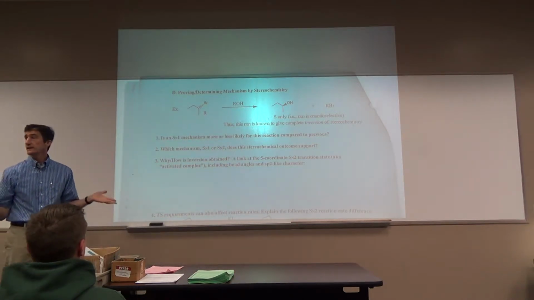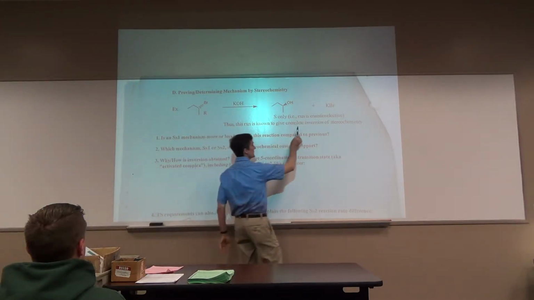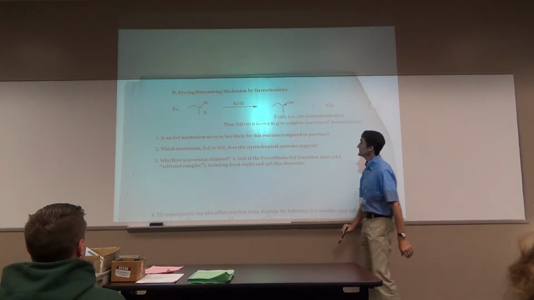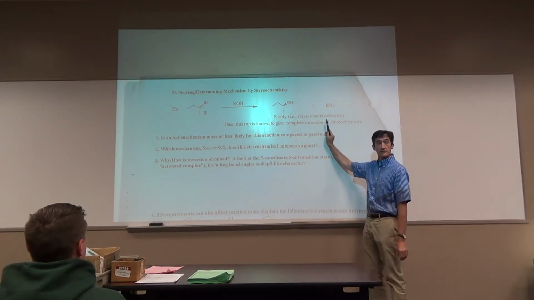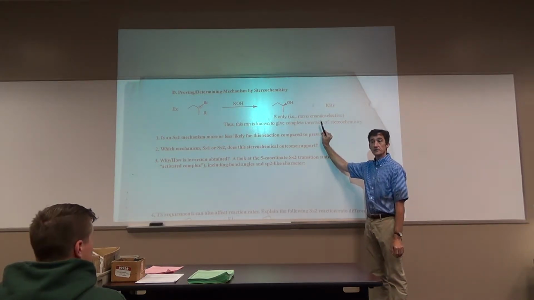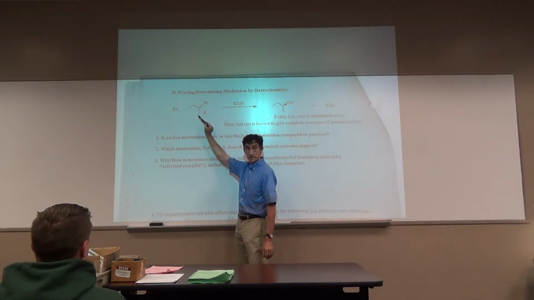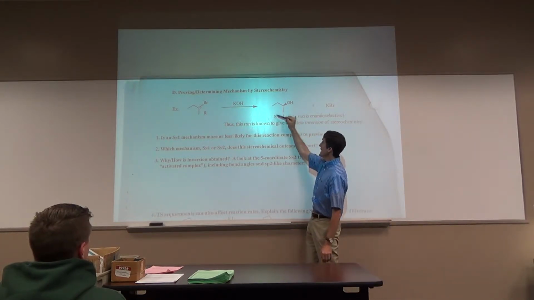I've just included the K here as a spectator ion. This reaction is known to give complete inversion of stereochemistry. That is, if this is R, you get S only. So this reaction is stereoselective, the first one we've ever seen that's anti-selective. Of course, we start with one enantiomer. This product is optically active.